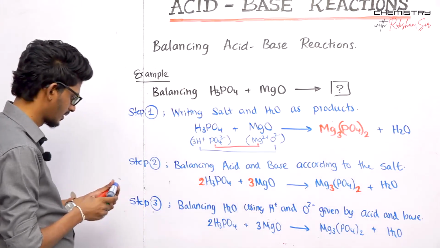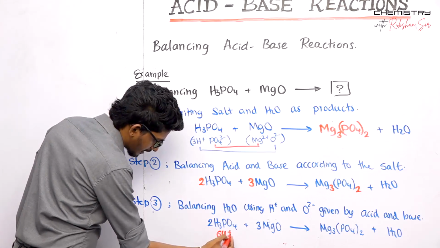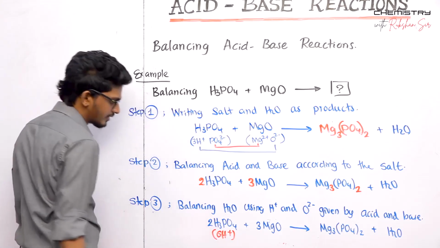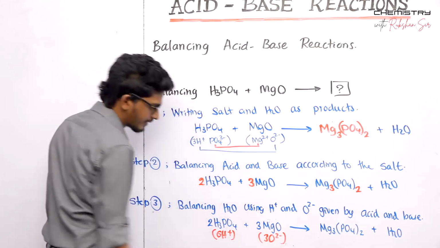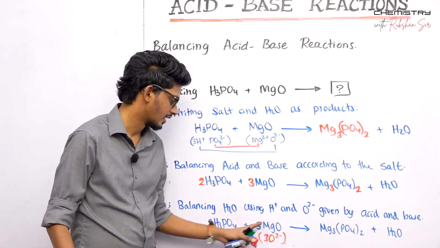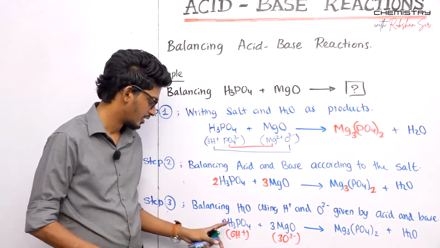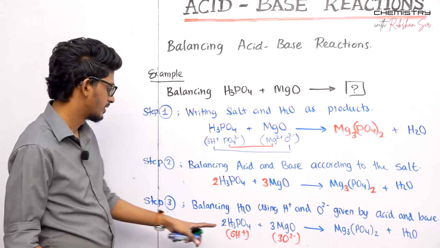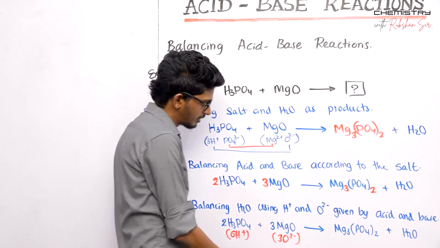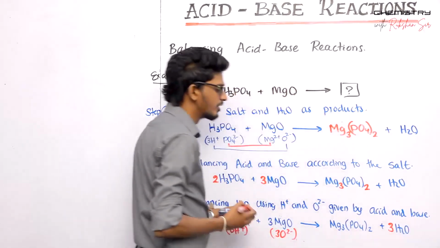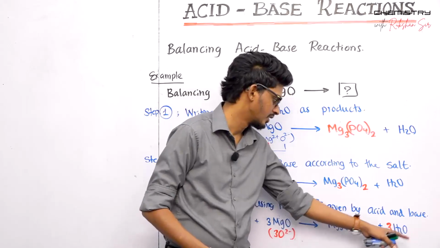Here you have 6 of H plus ions, and here you have 3 of O2 minus ions. So 6 of H pluses and 3 of O2 minuses will give you 3 of H2O. Only 3 oxygens are appearing, so 3 of H2O, right?